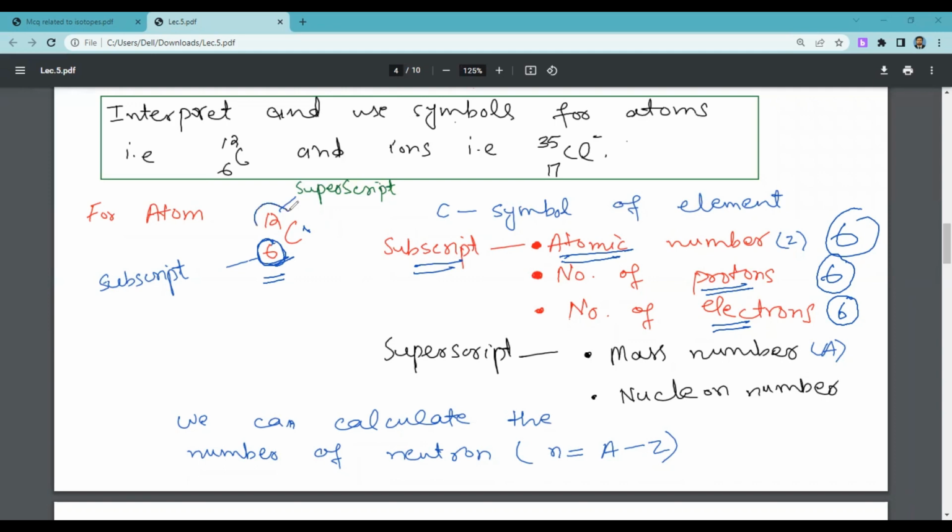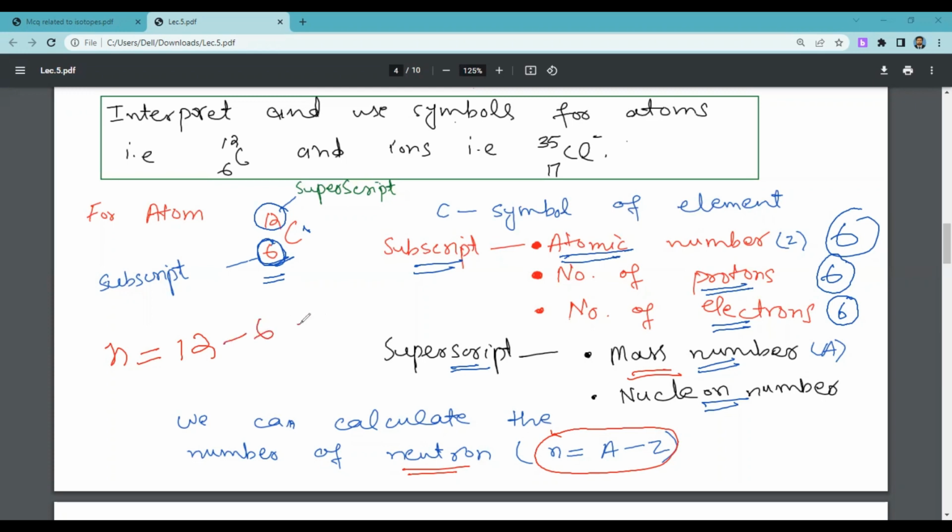And what does this superscript show? The superscript shows the mass number, also known as nucleon number. By using the information of subscript and superscript, in other words, by knowing atomic number and mass number, we can simply calculate the number of neutrons by using this formula: n is equal to A minus Z. Here its mass number is 12, and its atomic number is 6.